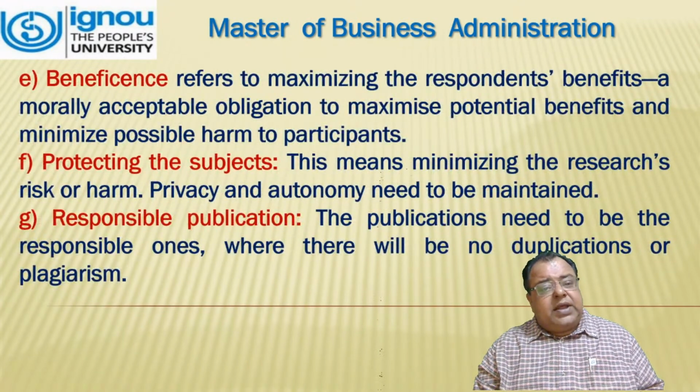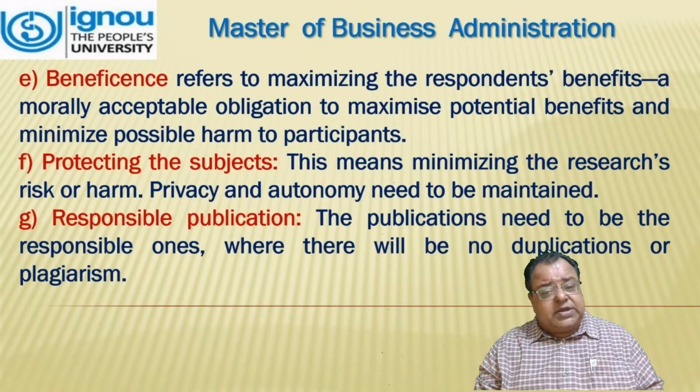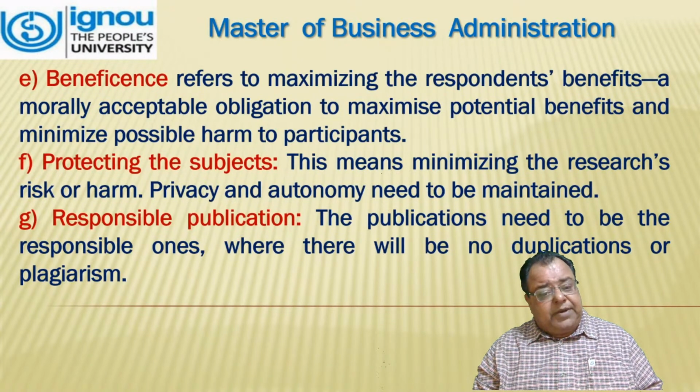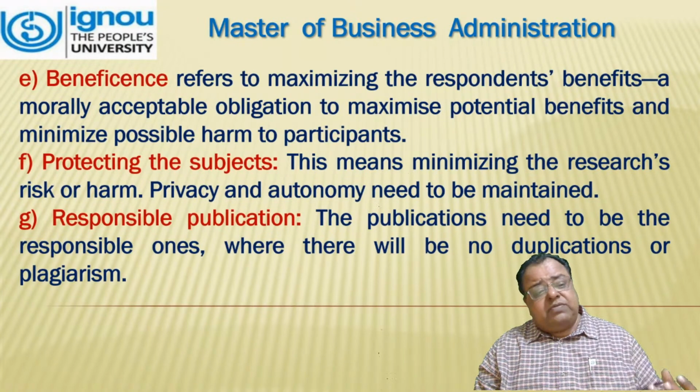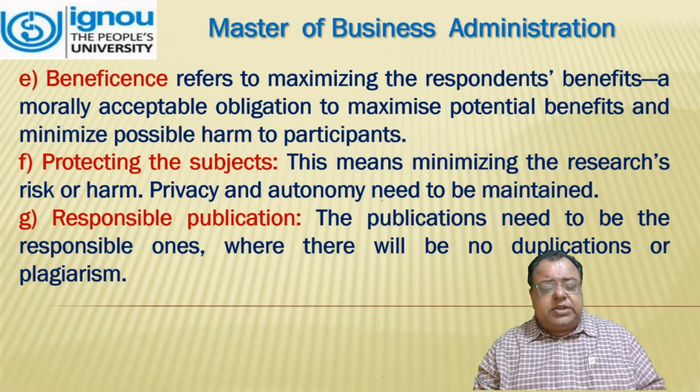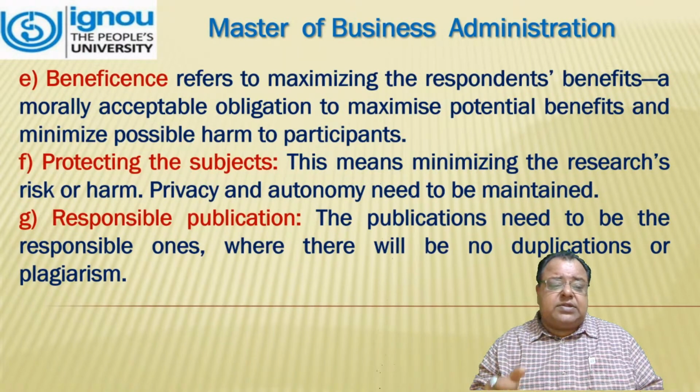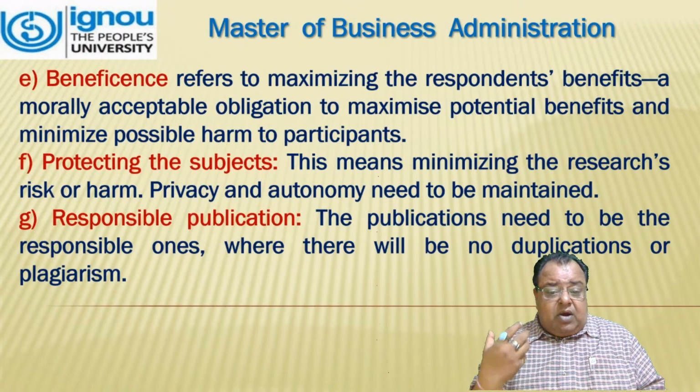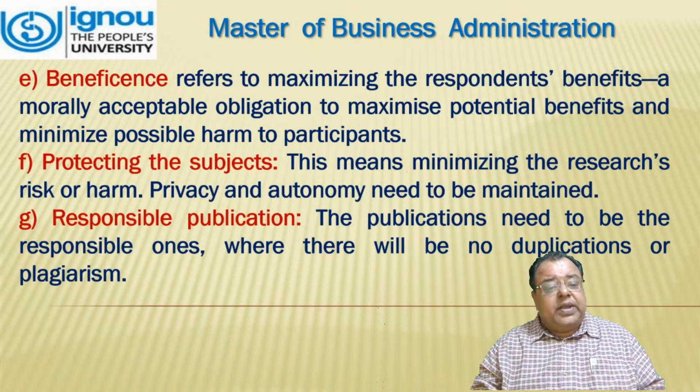Beneficence refers to maximizing the respondent's benefits, a morally acceptable obligation to maximize potential benefits and minimize possible harm to participants. Next one is protecting the subject. This means minimizing the research risk or harm. Privacy and autonomy need to be maintained.